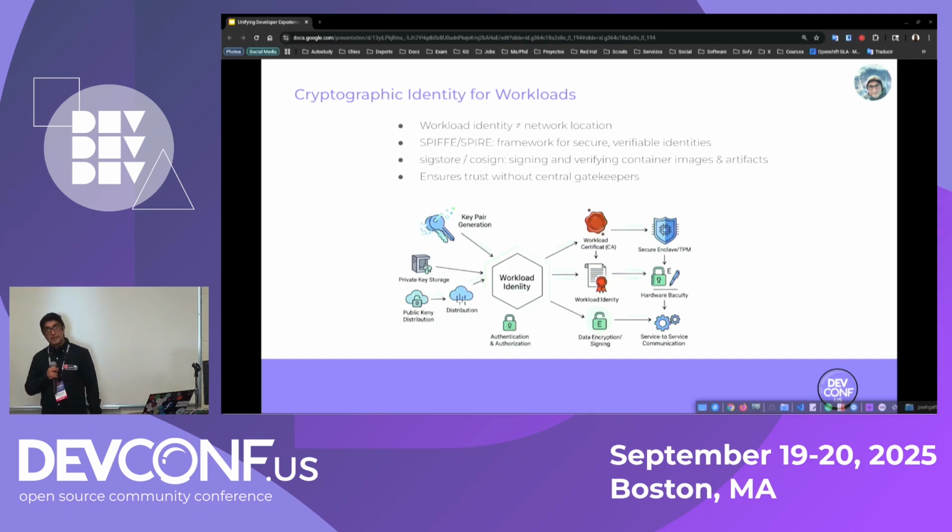There is basically one standard called SPIFFE, and the implementation of this standard, SPIRE. They came in, and that is the new way to verify who is doing what.